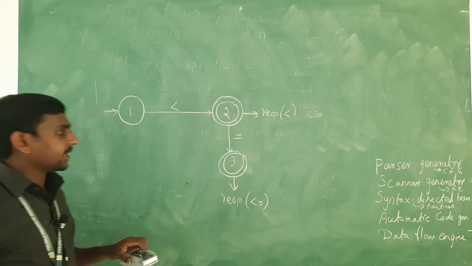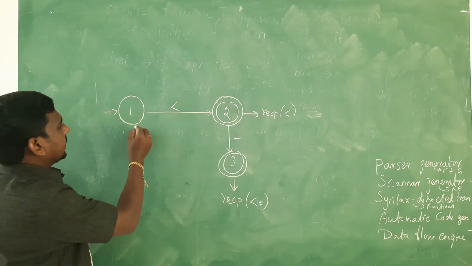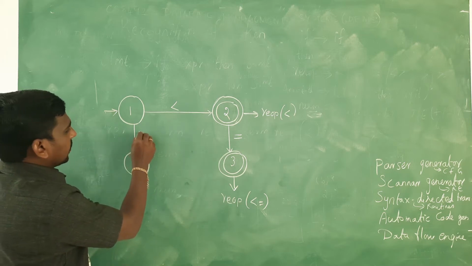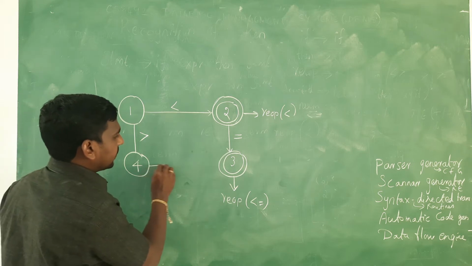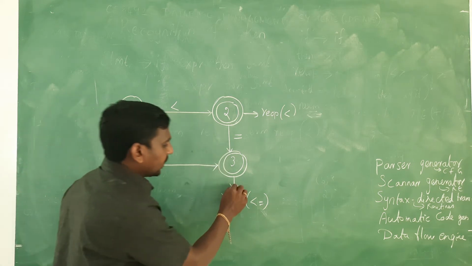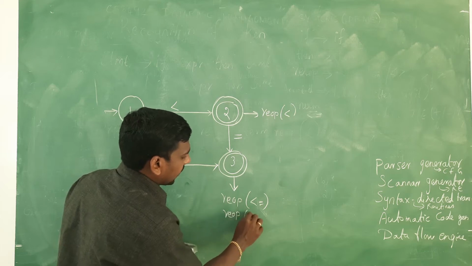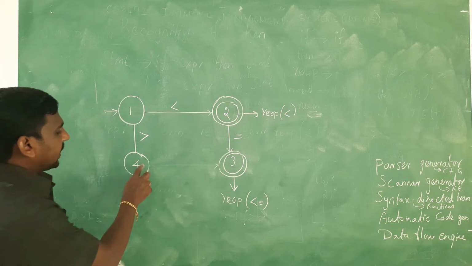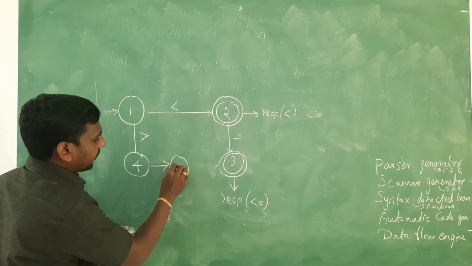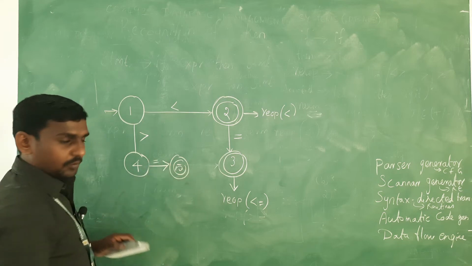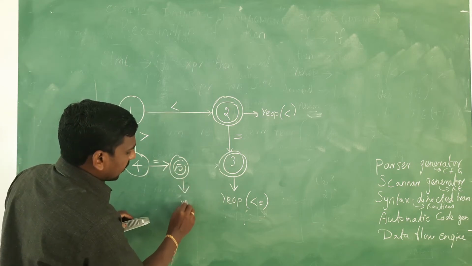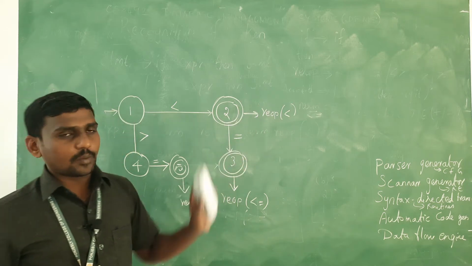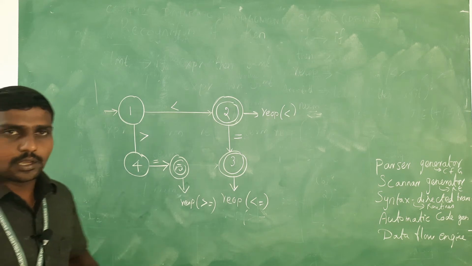If it is greater than or equal to, state 1 is connected with state 4, this is greater than, and then it is connected with the next state, and the output is relational operator greater than or equal to. Similarly, we can write all the relational operators: less than or equal to, not equal to, and so on.